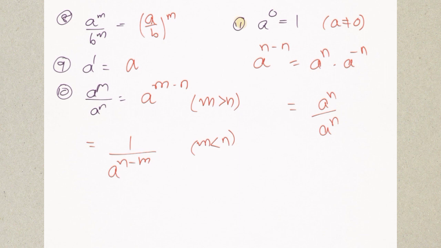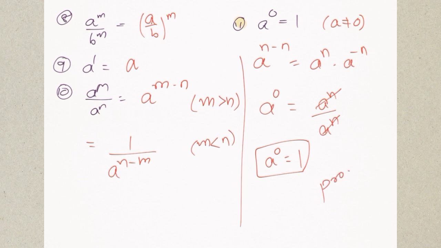Am I correct? Yes. So a power n minus n is a power 0. Now a power n cancels. So a power 0, what is it? 1. So this is how it actually is. This is the proof, just for your information.